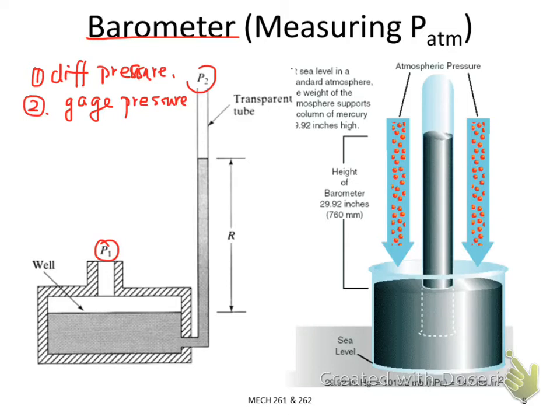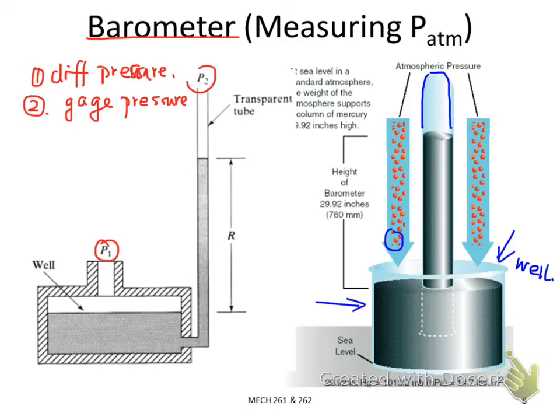If you look at the right-hand side schematic, you can regard this side as the well, and this well is connected to atmosphere. The other side is a tube which has a sealed chamber with no gas at all. This is not easy to make, but of course this is just a schematic.